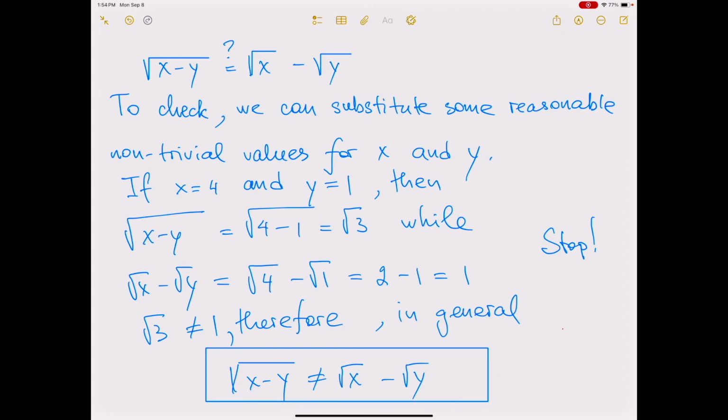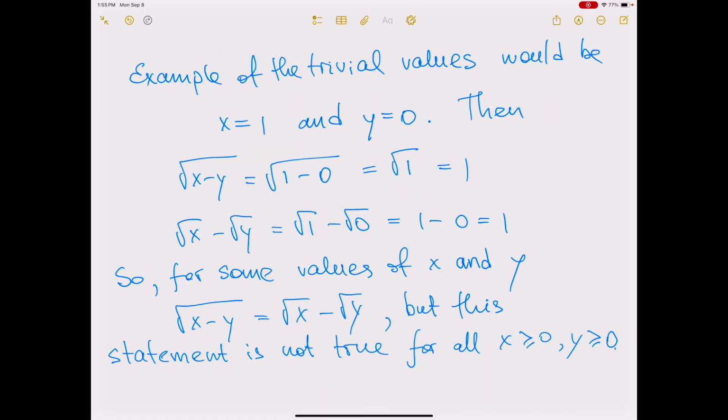So, what do I mean when I say non-trivial values of x and y? The formula that I hope would work is not necessarily wrong for all values of x. Here are the values of x and y for which square root of x minus y and square root of x minus square root of y produce exactly the same values.